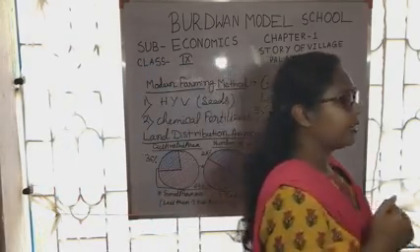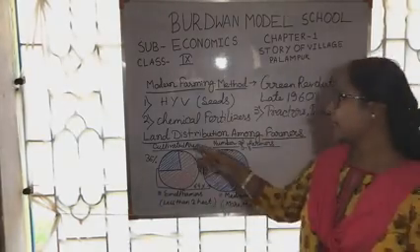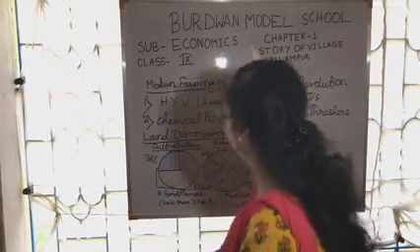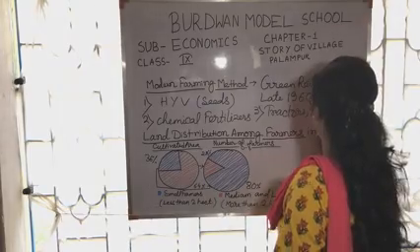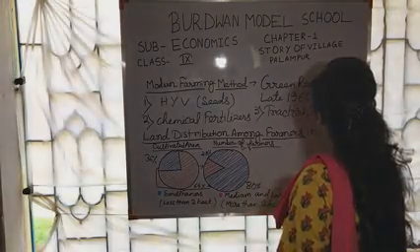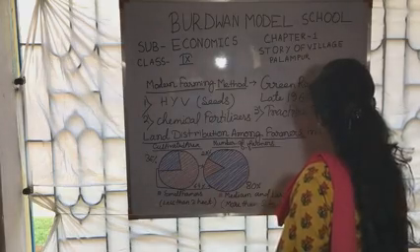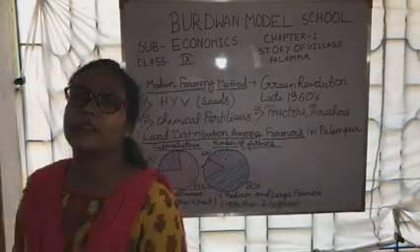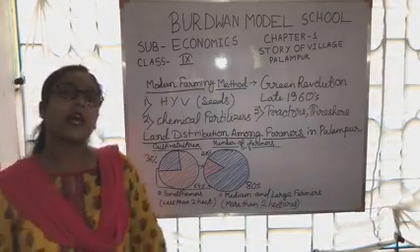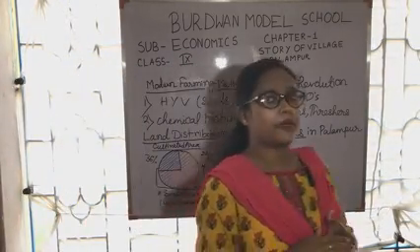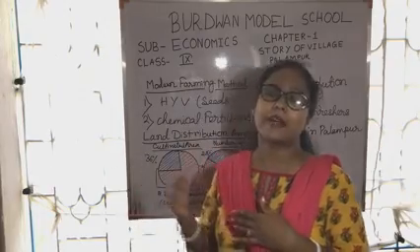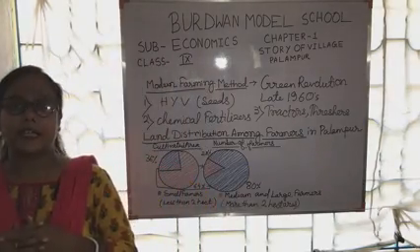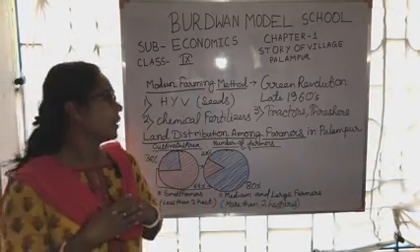Now we come to the next point, the land distribution among the farmers in Palampur. In Palampur there are 450 families. Among them, one third, that means 150 families, are landless.